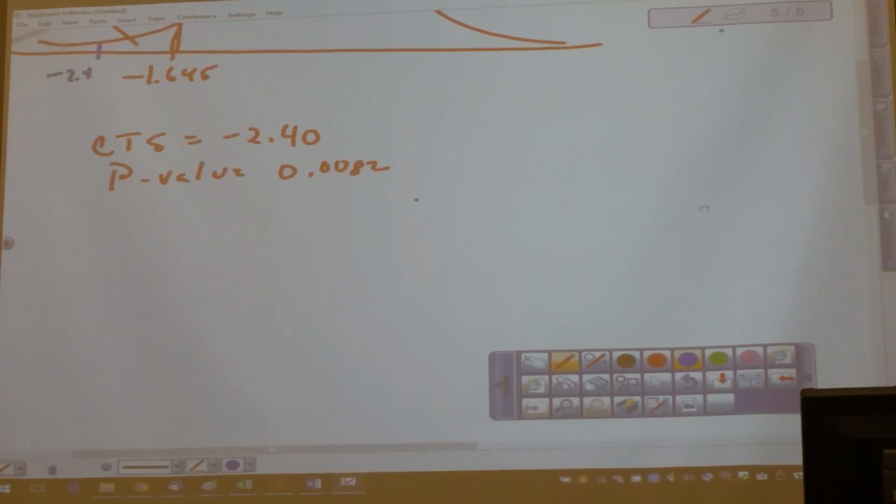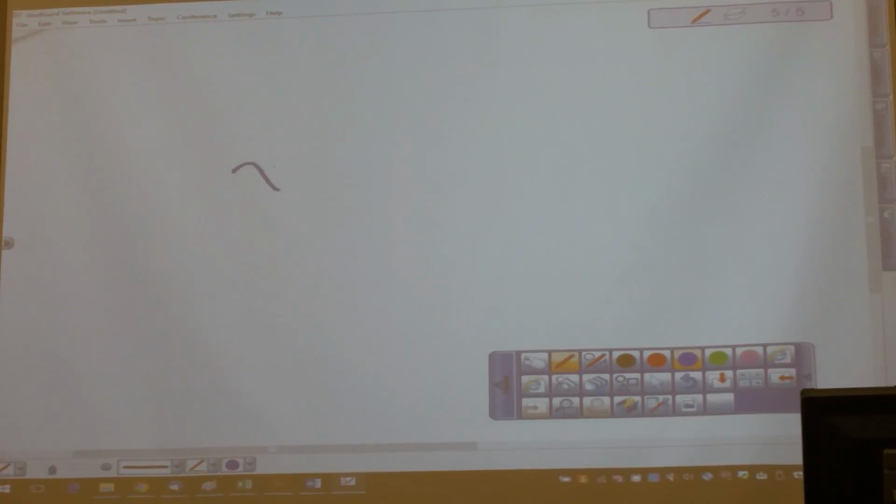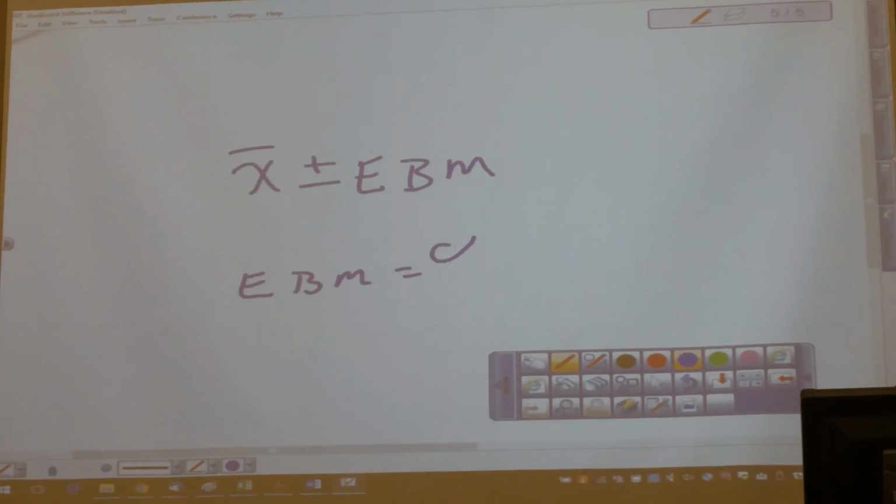And this is where we are going to take the sample mean plus or minus the error bound margin. And the error bound margin is equal to the z, okay, so that's what I did try to do. That's what I was trying to do. They have some alpha divided by 2 times the standard error. That's what I got lost on.